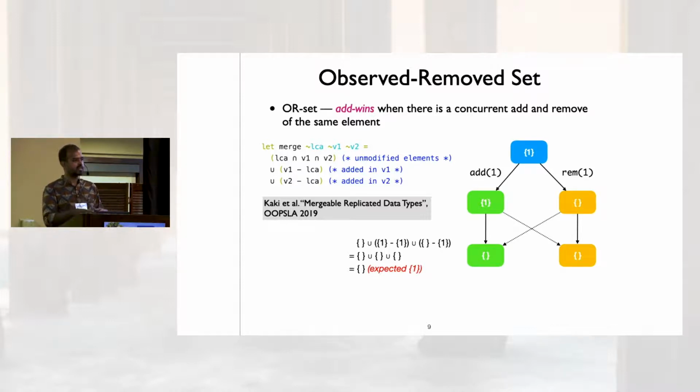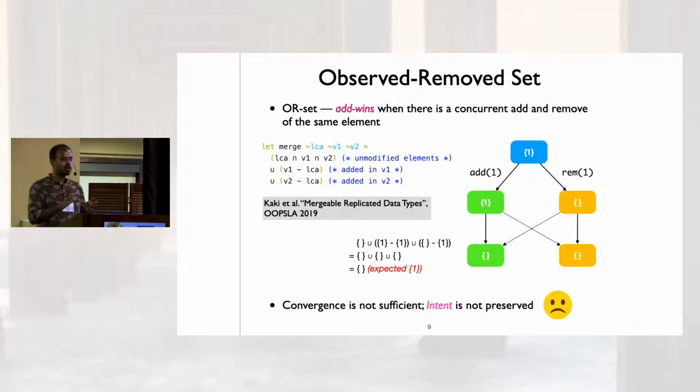The state was not updated to capture the fact that there was an add. Things go wrong, but in an interesting fashion. You do have convergence. Both of these versions converge to the same empty set, but the intent of OR-set, which is that add wins, is not preserved.